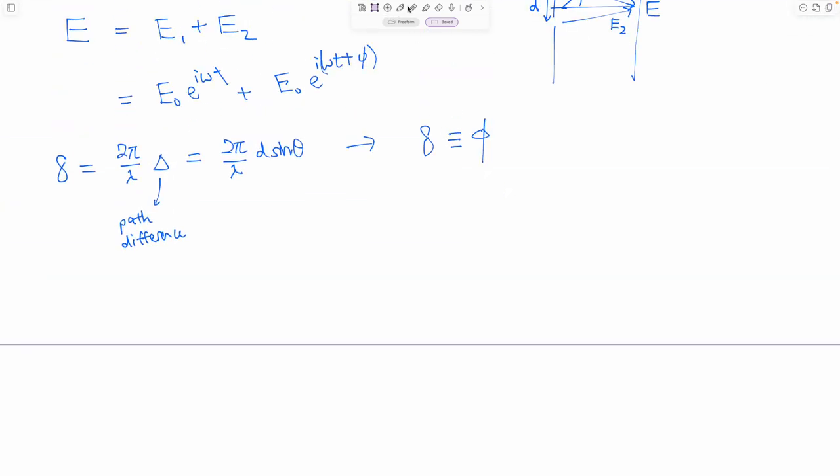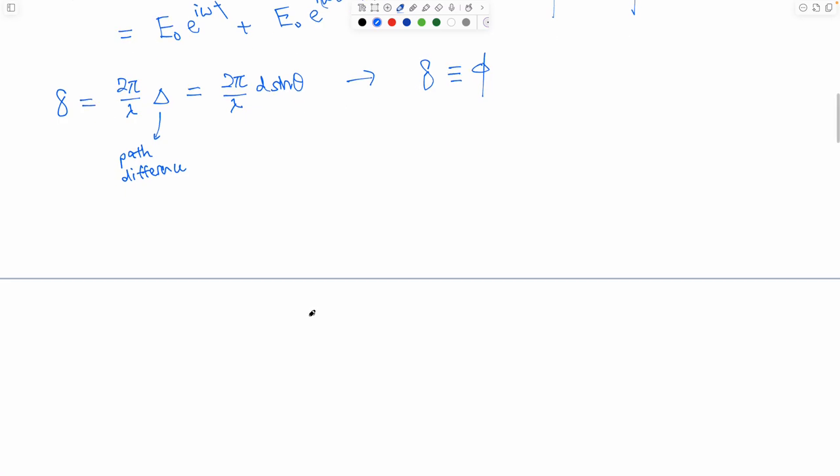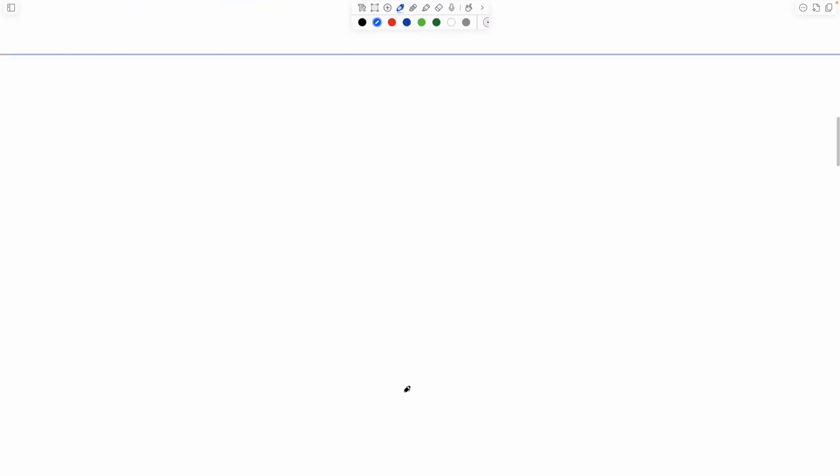So the last thing is, if we want to compute the intensity, how do we express intensity in terms of waves? In general, you might already know intensity is proportional to the electric field, but first you need to time average it, and then you square it.